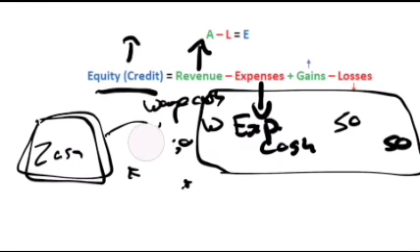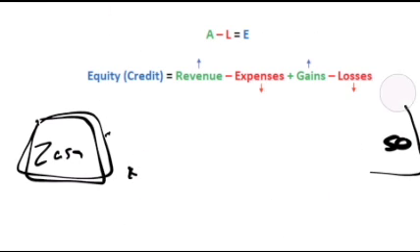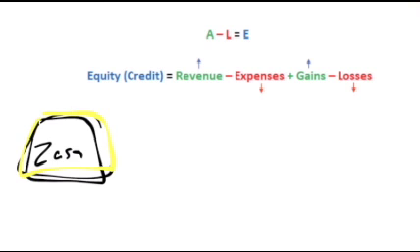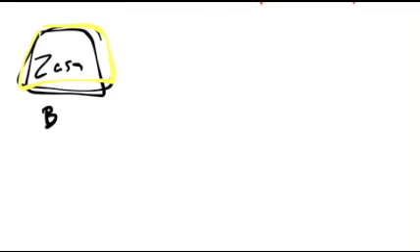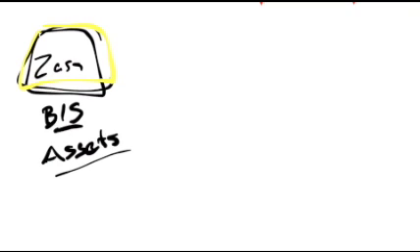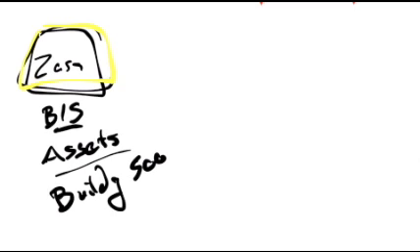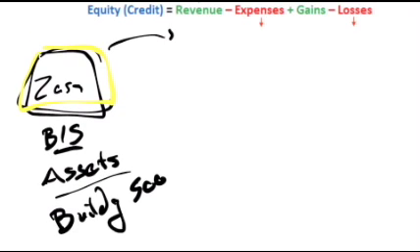Last one, let's look at a gain or a loss. Again, I'm Zara and I'm selling the Zara building. Currently, I have the Zara building on my balance sheet. Under my assets, I have my building listed at, let's say, $500. Because I'm getting rid of my building, I'm going to receive cash for my building.